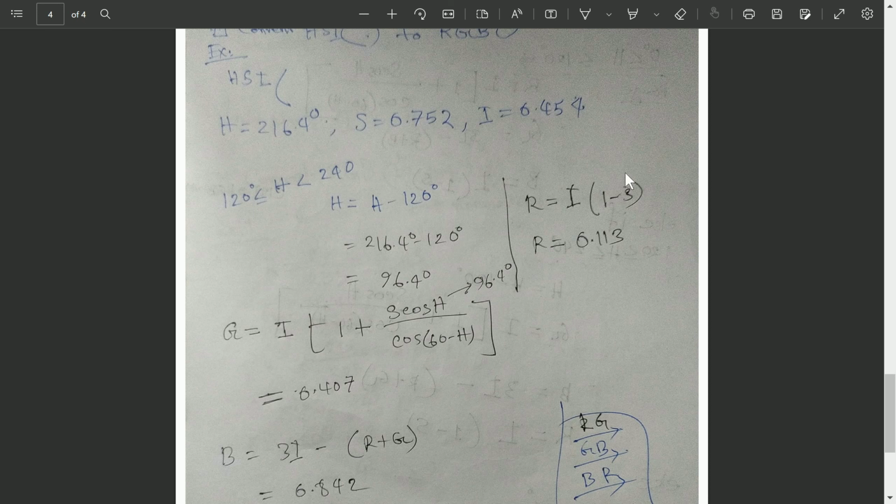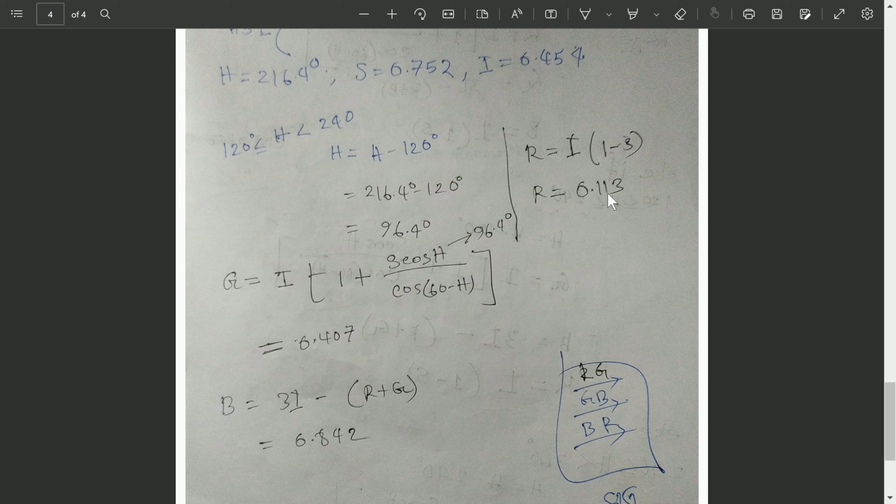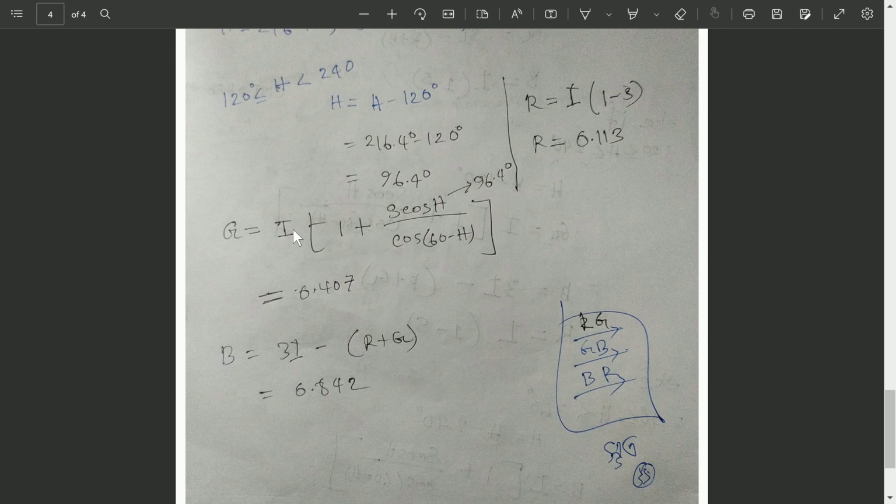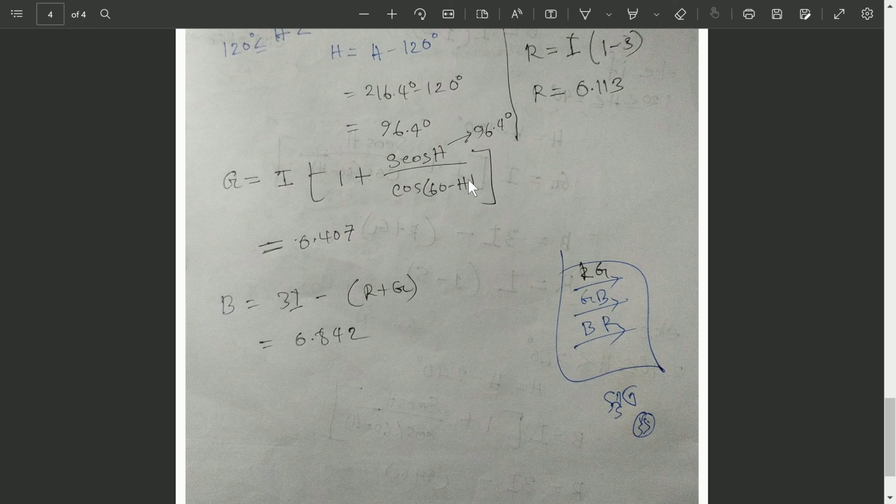If we do this calculation, we get R equal to 0.113. Similarly, to get the result of G, we use G is equal to I into 1 plus S cos H divided by cos 60 minus H. Here H will be 96.4 degrees, not 260.4 degrees, and also in cos 60 minus H the value of H will be 96.4 degrees. If we calculate this, we get 0.407.